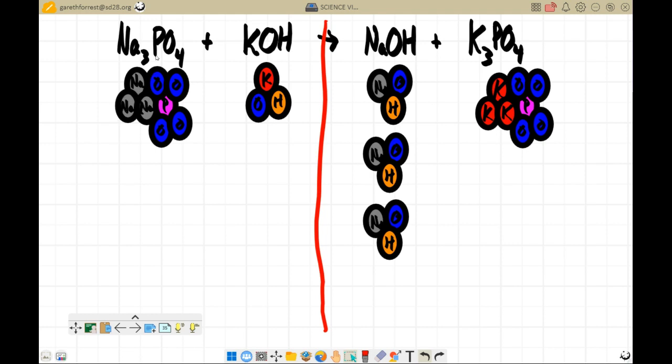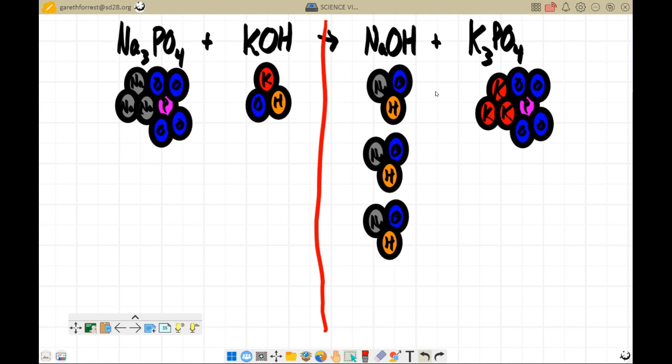Moving on to the Ps, the phosphorus. We've got 1 in the center here and 1 in the center of this molecule here. The phosphoruses are balanced. Then moving on to oxygen. We have to be careful with this one because we've got 4 oxygens in this molecule here and 1 in this one here, creating 5 overall.